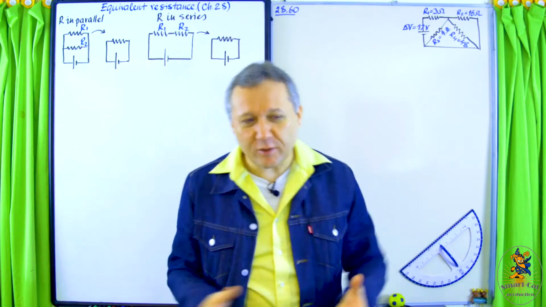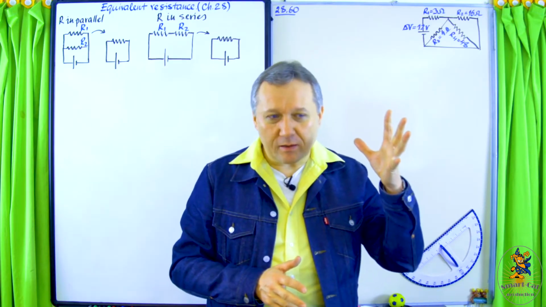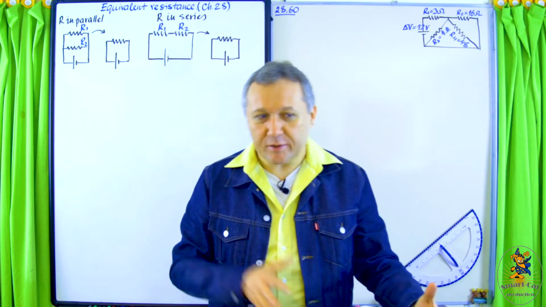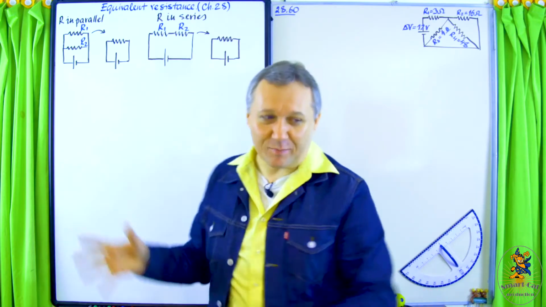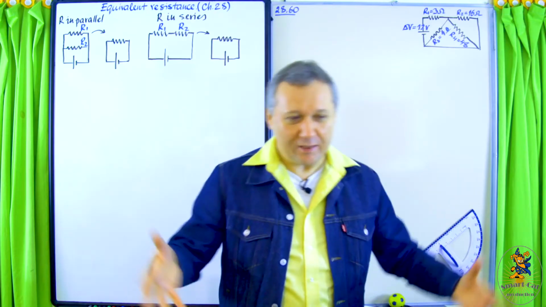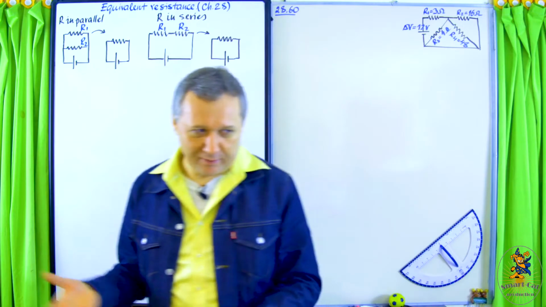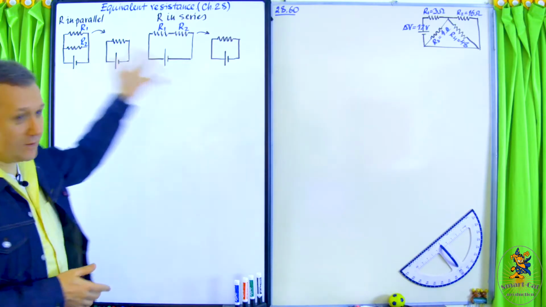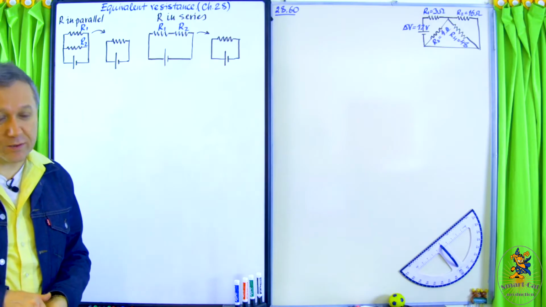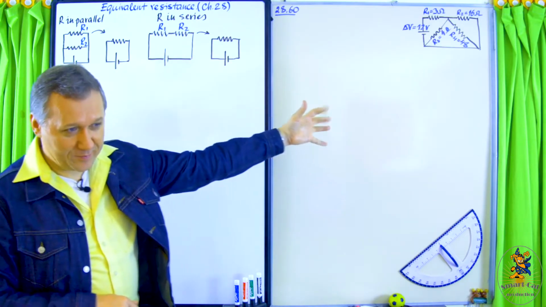Of course, there are tons of situations when resistors are connected neither in series nor in parallel, and in those cases, application of this method would be illegal. Yeah, and we would be, I don't know, physically mathematical criminals, right? So anyway, let's refresh what we derived in the lecture, and then we will start looking at examples, right?